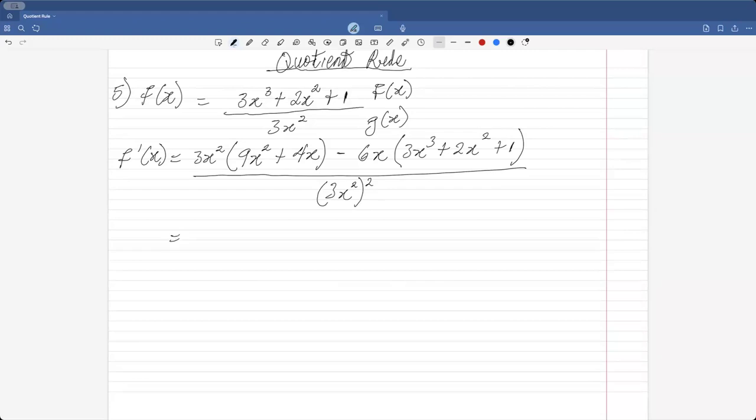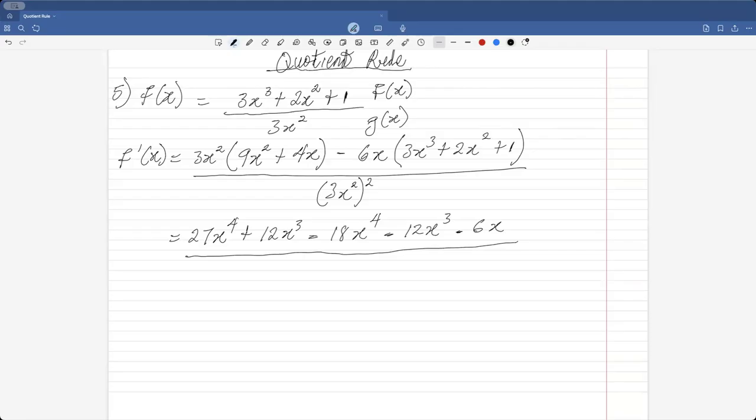So we have 27x to the power of 4 plus 12x to the power of 3, we have 18x to the power of 4. We have negative 12x to the power of 3. We also have negative 6x all over.